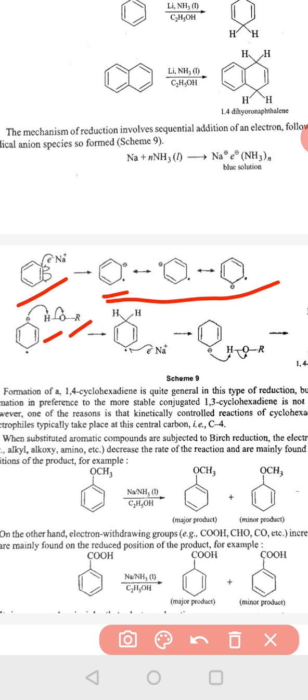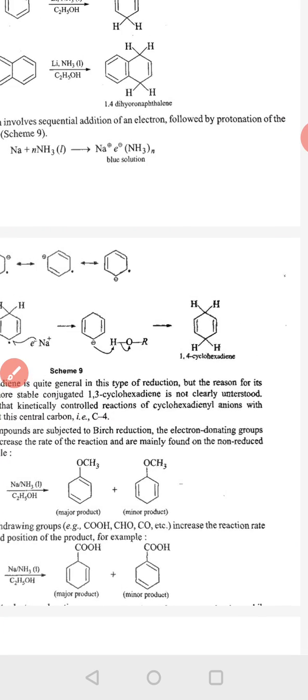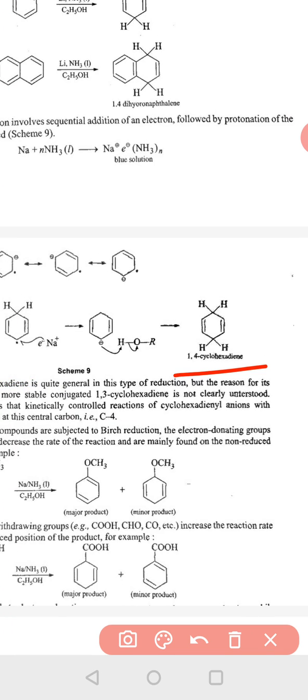In the next step, this free radical again abstracts an electron from sodium and we get an anion. Again proton abstraction occurs and we get the product, which is 1,4-cyclohexadiene. Formation of a 1,4-cyclohexadiene is quite general in this type of reduction, but the reason for its formation in preference to the more stable conjugated 1,3-cyclohexadiene is not clearly understood.